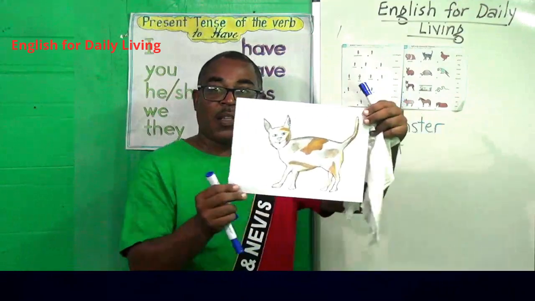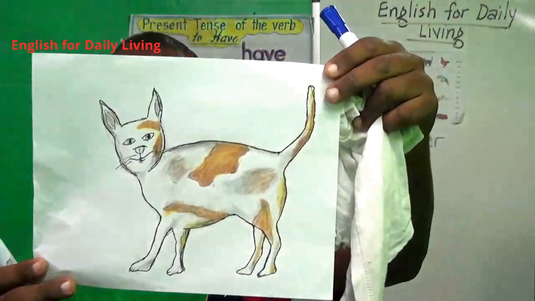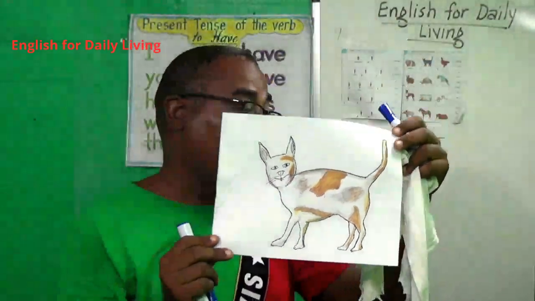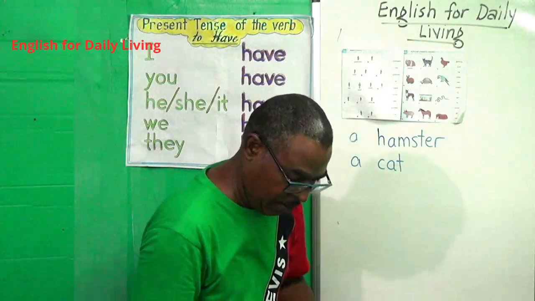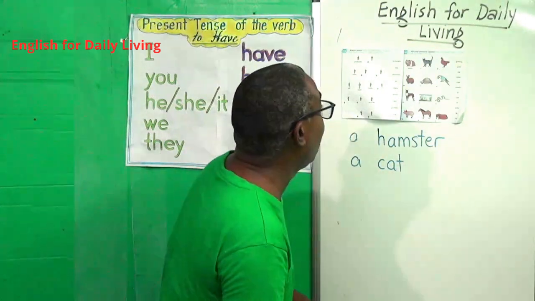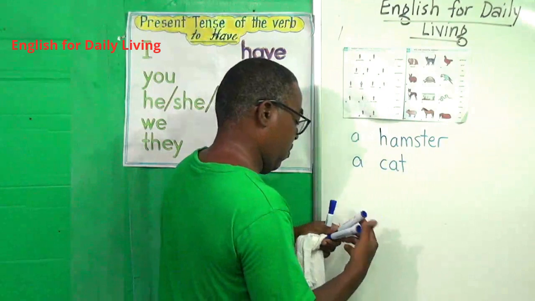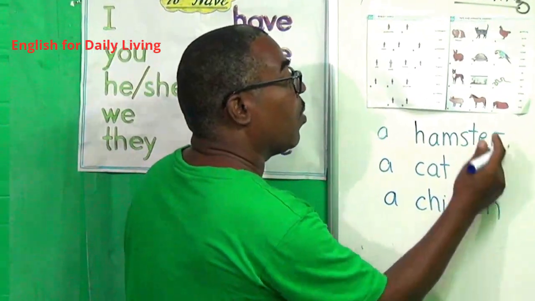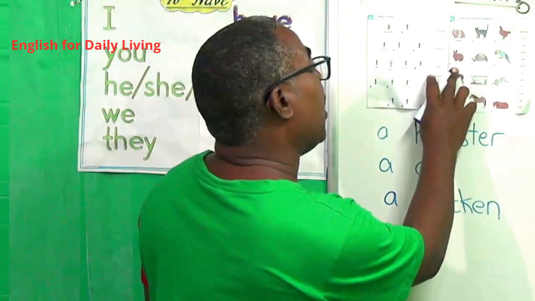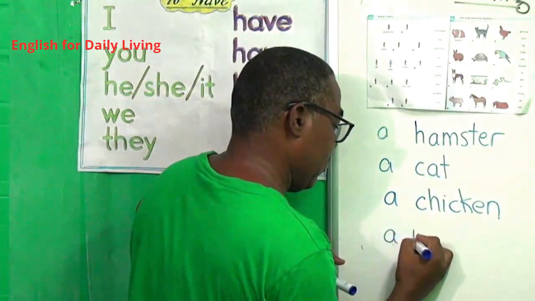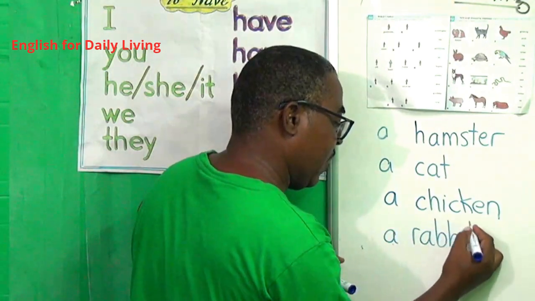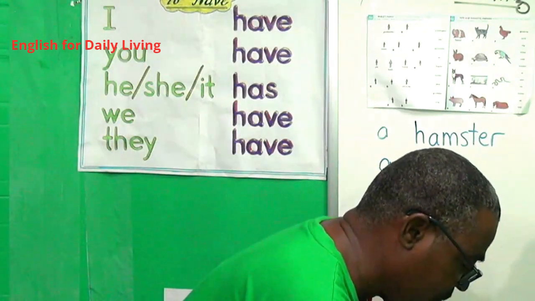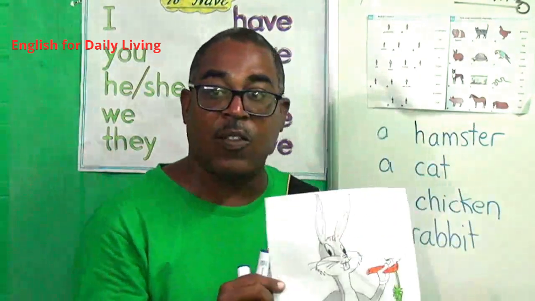Right, so we have a nice cat here. This kitty is called Kiffy. His name is Kiffy. Okay, so I have a cat. And then we also have a chicken. Then we also have a rabbit. I also drew a rabbit for you. The rabbit likes to eat carrots.